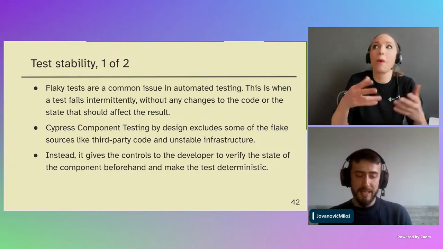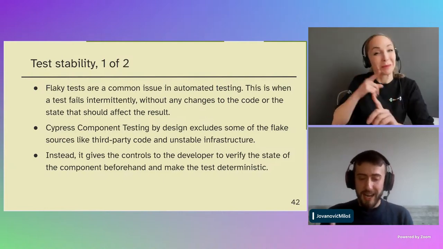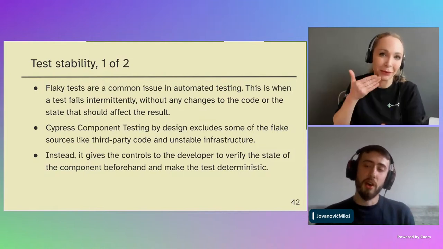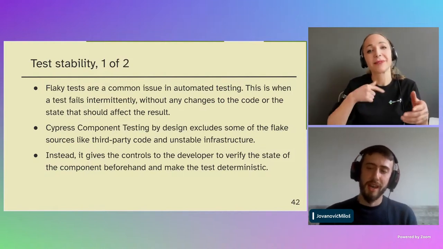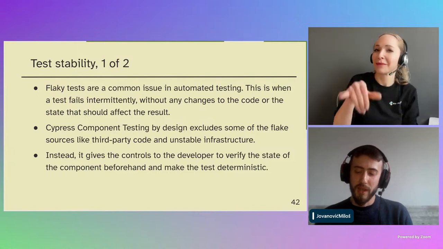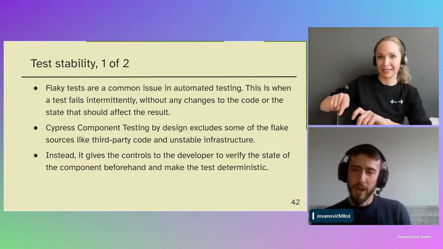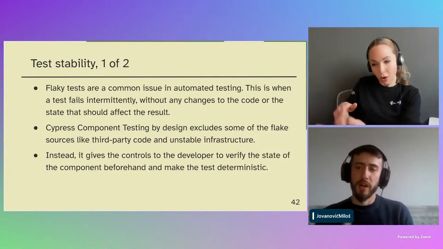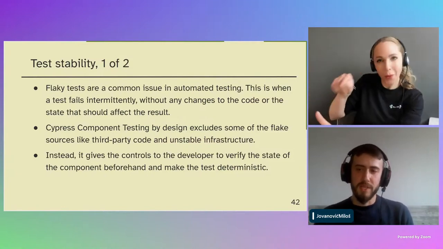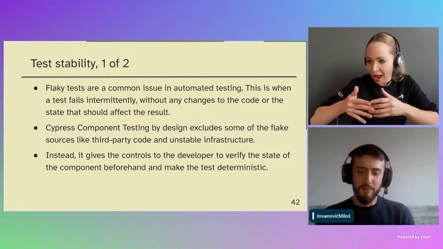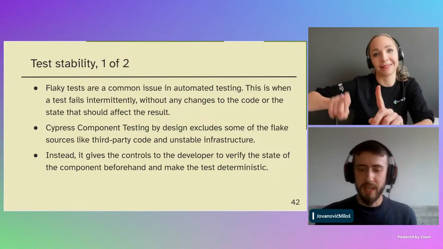Cypress Component Testing, by its nature, guides you toward asserting a state of a web component, making sure it has reached the exact point you want to look at before triggering some checks or test assertions. It gives you the control, basically.